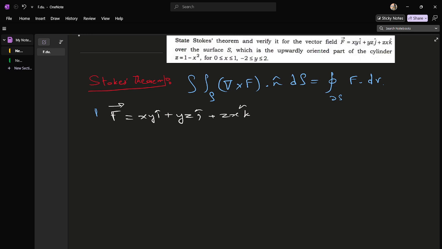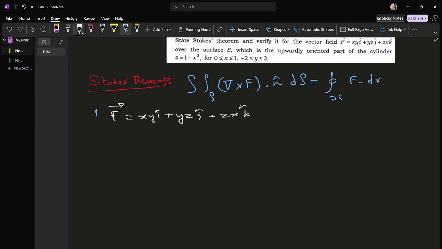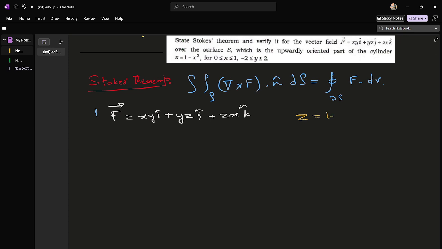Then over the surface S, which is the upwardly oriented part of the paraboloid. The given equation is z equals to 1 minus x square.